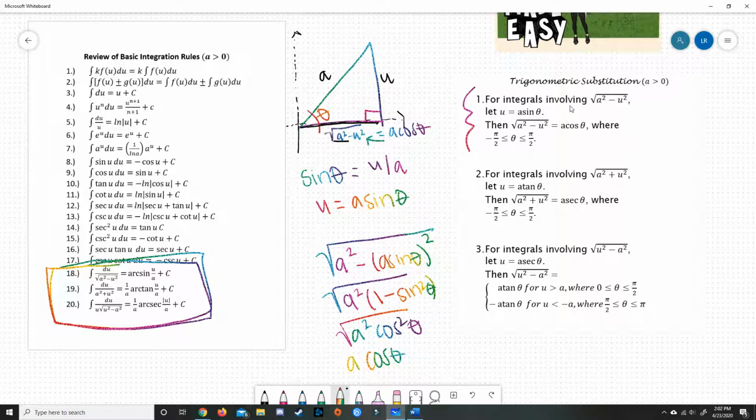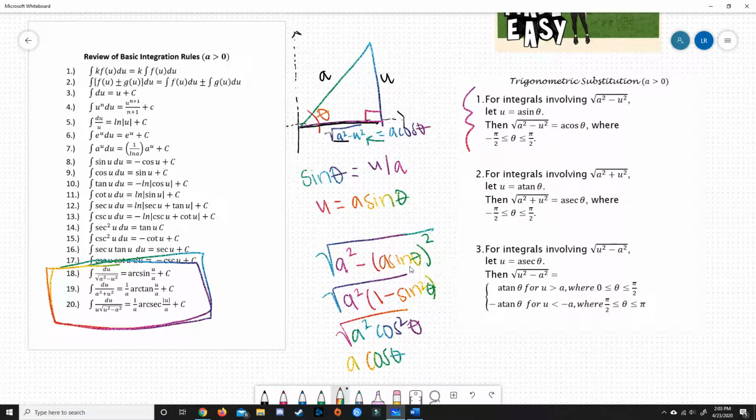So for integrals involving the square root of a squared minus u squared, which is this piece here, that was derived using the Pythagorean theorem: the square root of a squared minus u squared, plus u squared, equals a. So using that, we can say that u is a sine of theta, because of this piece here. And then if u is a sine of theta, all of this becomes a cosine of theta because of algebra.